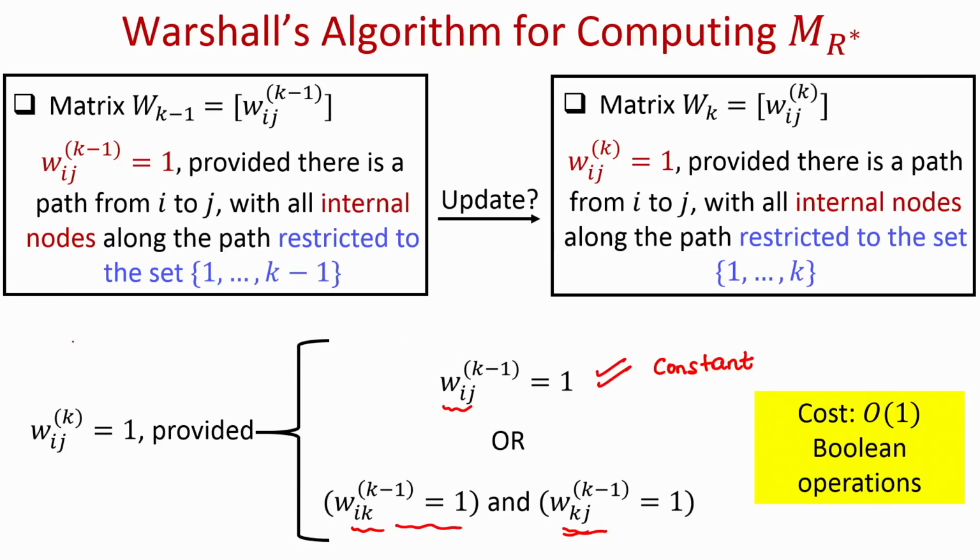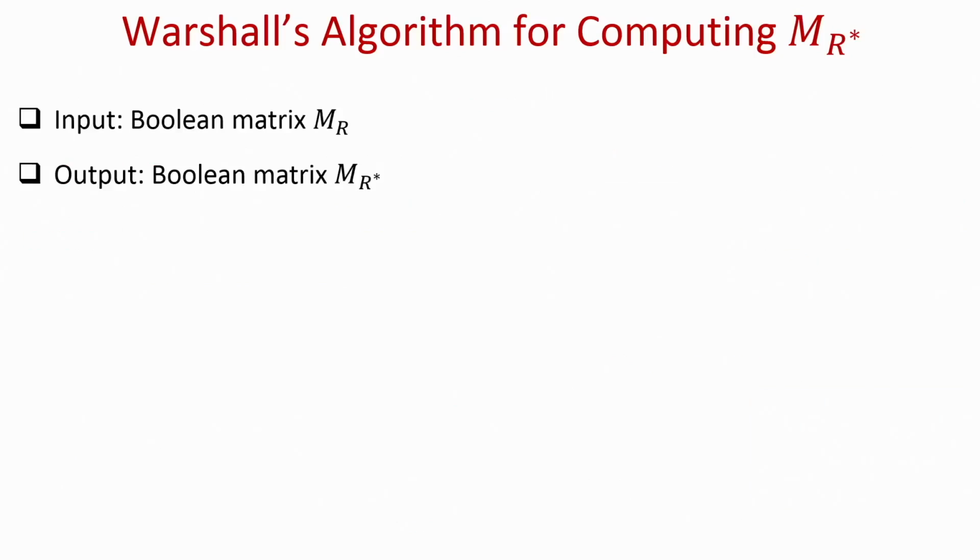That means to do this update operation you just need to perform constant amount of operations. And how many such i comma j pairs are there? There are n square i comma j entries. For each i comma j update you have to spend constant amount of effort, and that is why for n square entries the overall update cost will be n square, right.